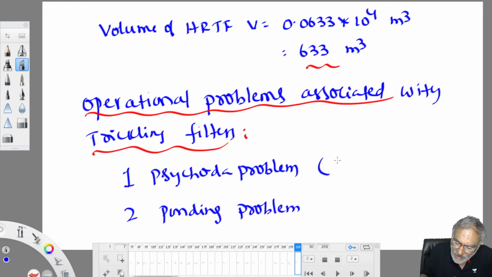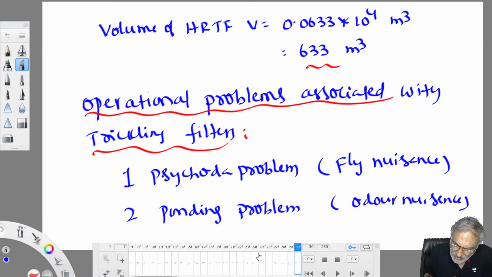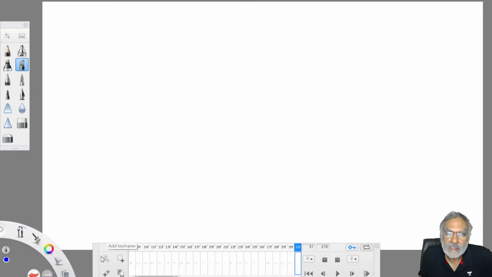So the Psychoda problem is fly nuisance. The ponding problem is odor nuisance. Psychoda is something like a small fly, like mosquitoes. They don't bite you, but they irritate you. They get into your nose, your eyes, everywhere you will find them. Wherever a trickling filter is there, they automatically flourish.